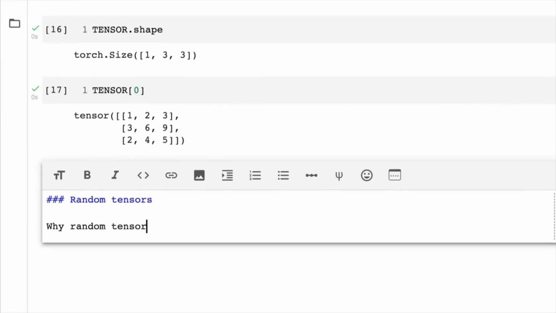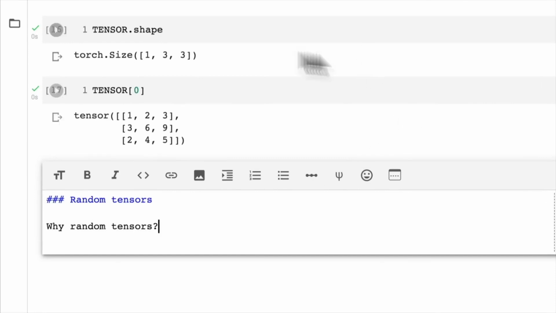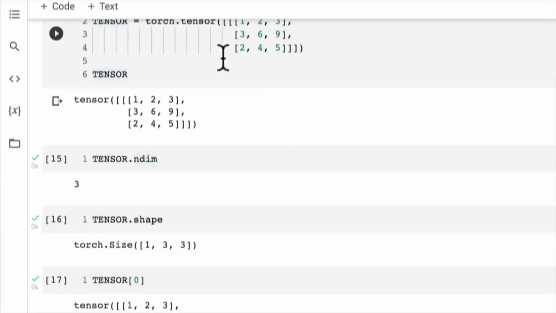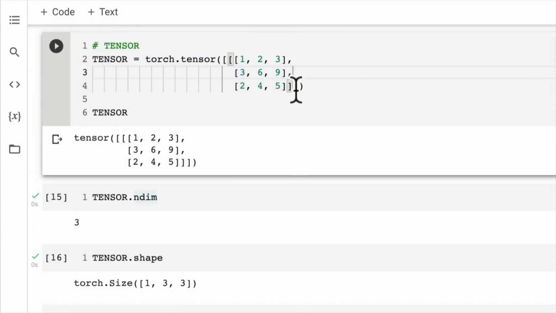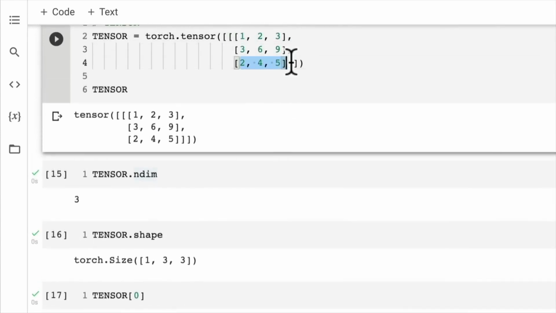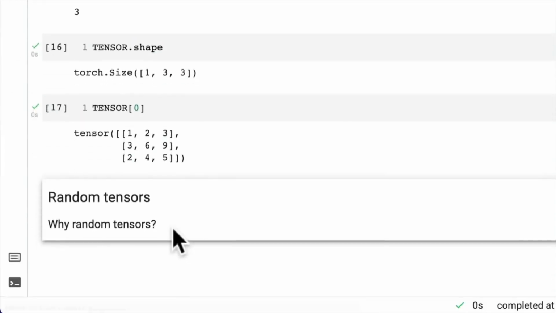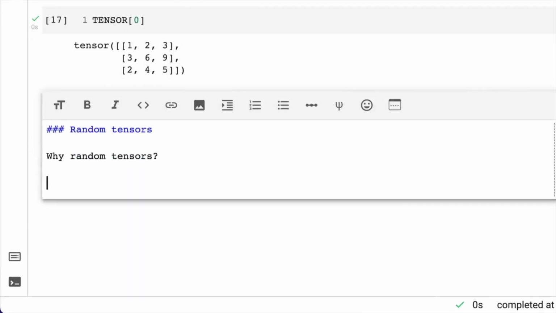Why random tensors? So we've done the tedious thing of creating our own tensors with some numbers that we've defined, whatever these are. Again, you could define these as almost anything. But random tensors is a big part in PyTorch, because, let's write this down.